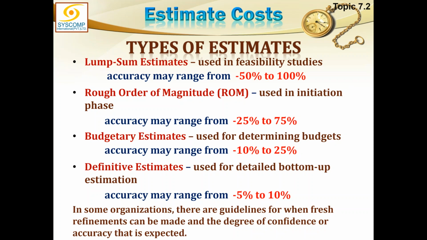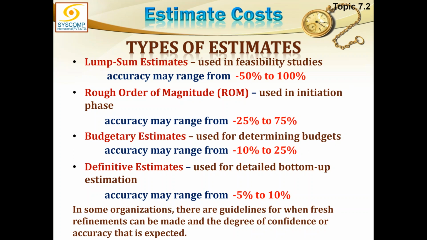These are four different people who are doing these estimates at four different times. So anybody can seek advice from the market. RFI can be floated anytime. But naturally, you are not going to be asking for RFI in a lump sum estimate, because a lump sum estimate is just like I am asking you how much, what do you think, how much will it cost? So you will say, sir, I'll get back to you.